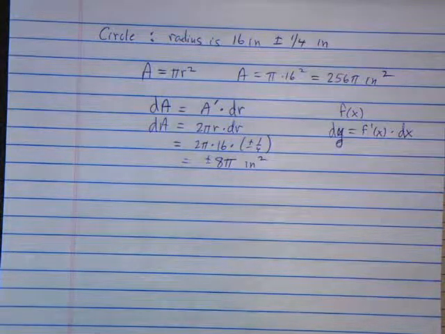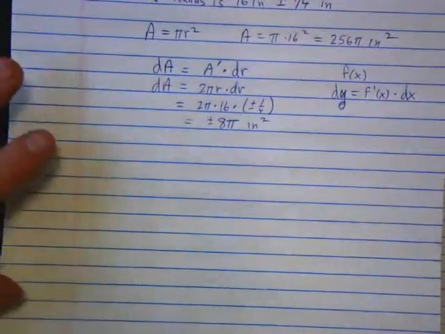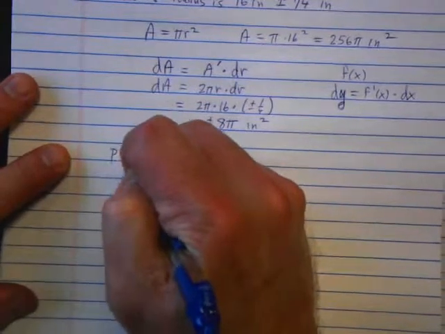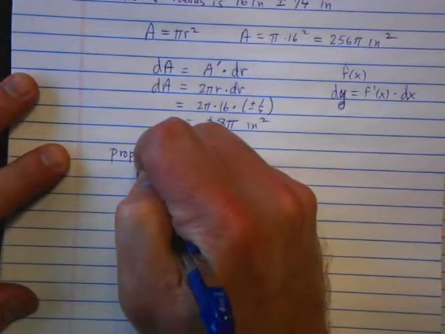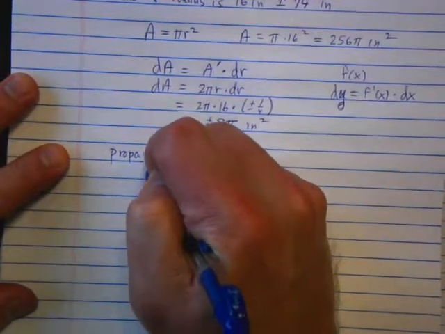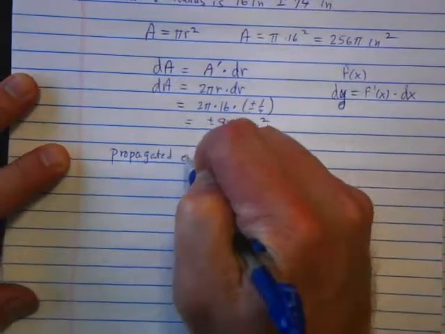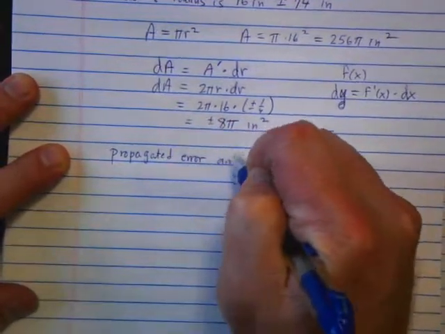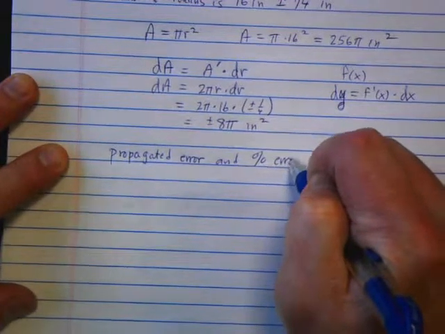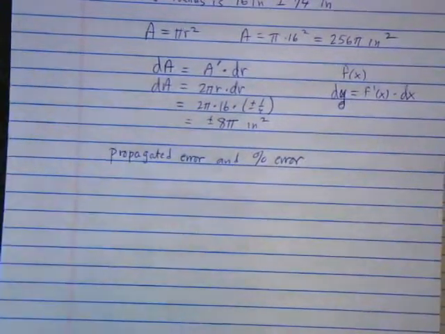All right, so there's a measurement for determining if this is significant or not, and this is called propagated error and percent error. This is what they ask you to do in part B of this problem.